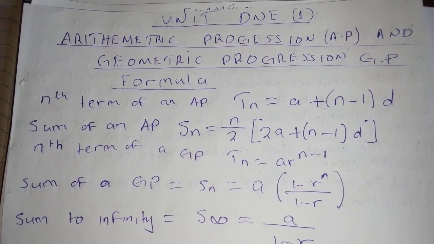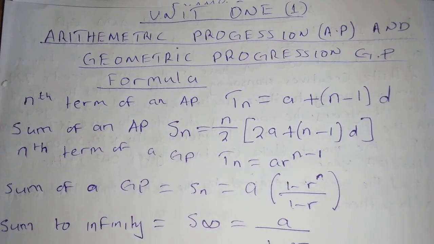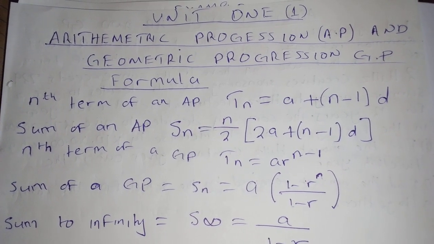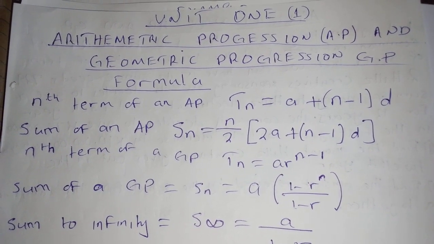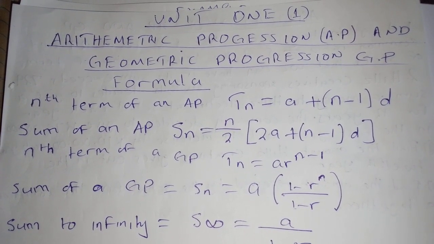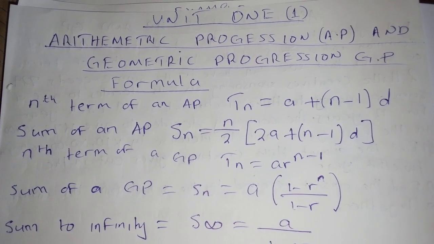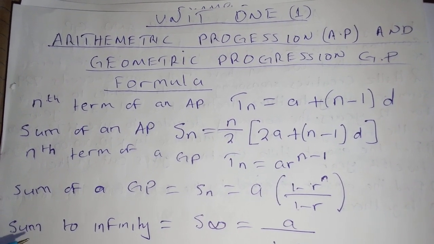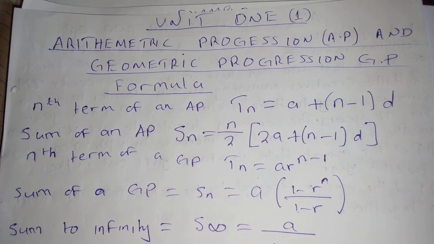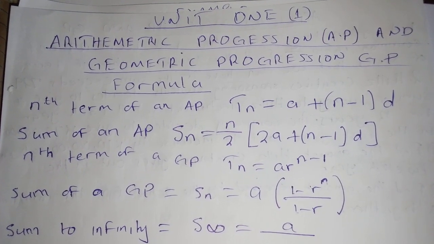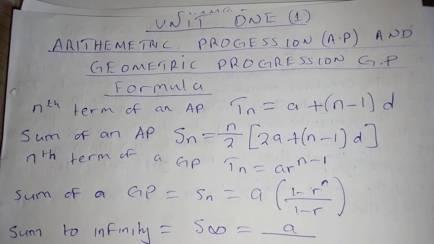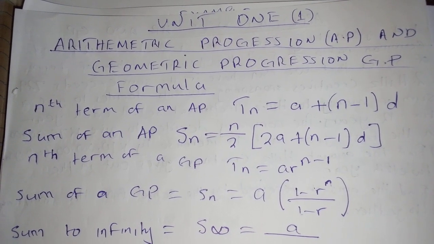Then we go to GP. The nth term of a GP is T_n = ar^(n-1). The sum of a GP is given by S_n = a(1 - r^n)/(1 - r).